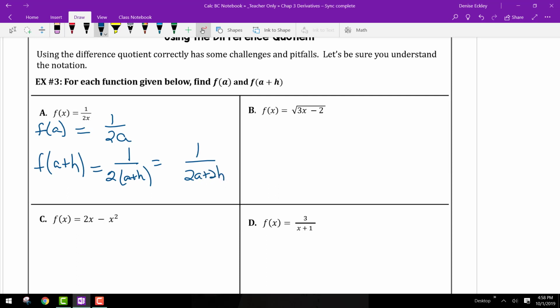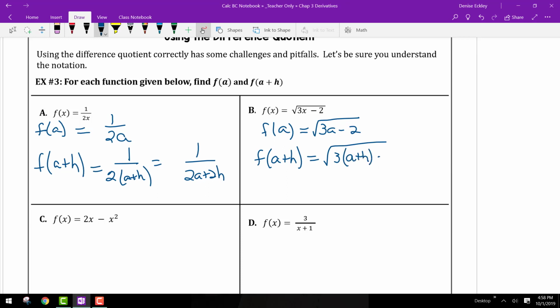For letter b, f of a is going to be the square root of 3a minus 2, and f of a plus h will equal the square root of 3 times a plus h minus 2. So we get f of a plus h equals the square root of 3a plus 3h minus 2.